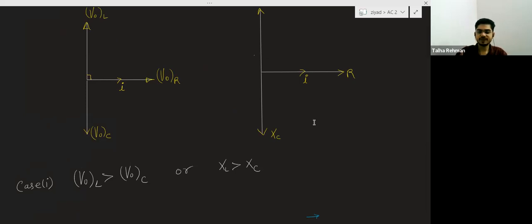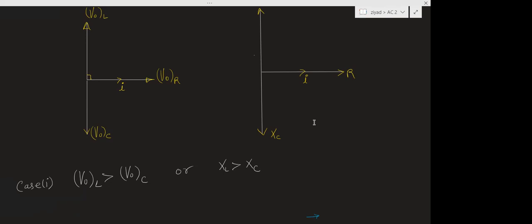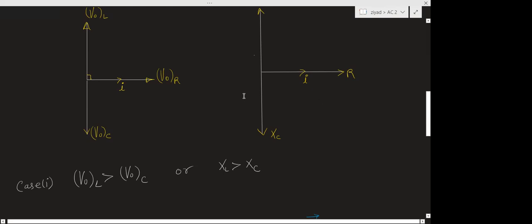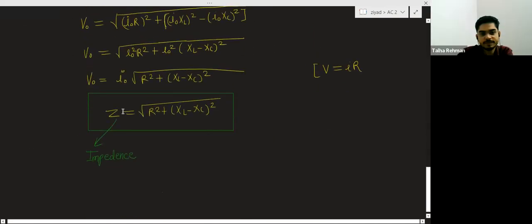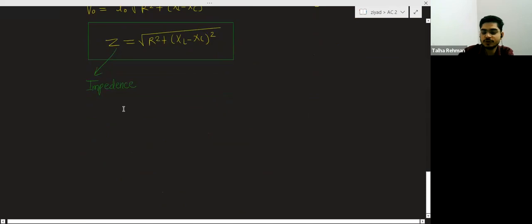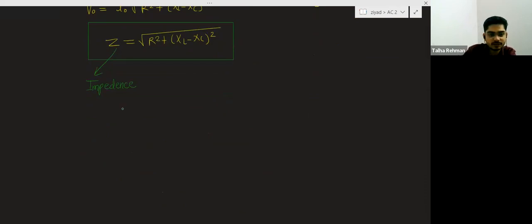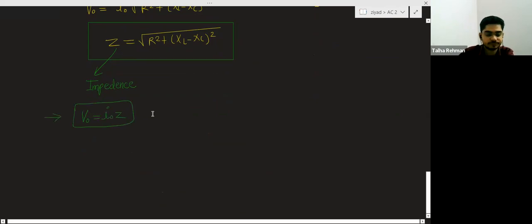That is why it may look complex, but this is easy. So if you want the peak value of the voltage, then you can write V naught is equal to I naught into Z. This equation you can use.